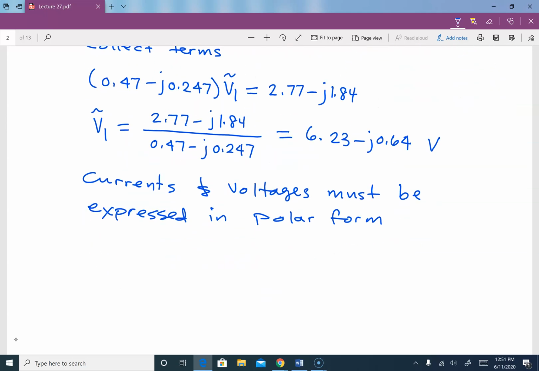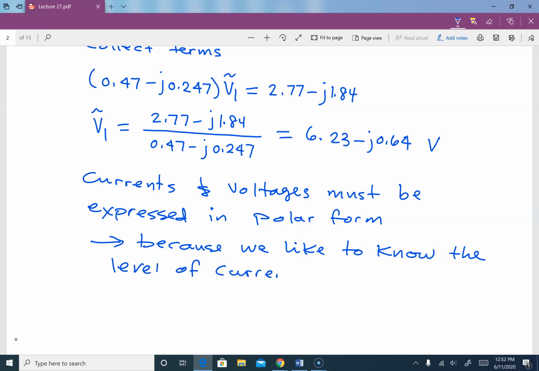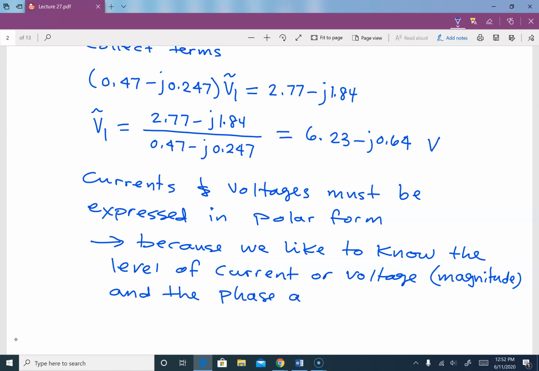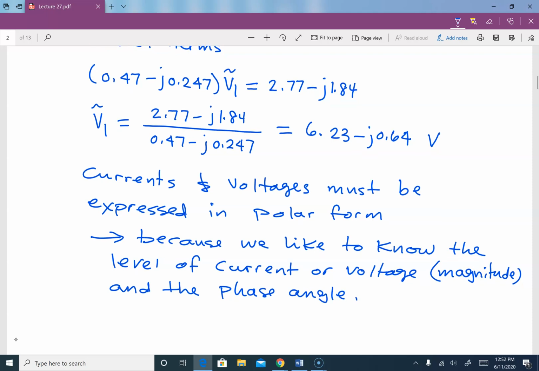The reason behind that is because we like to know the level of current or voltage, which means we need the magnitude, and the phase angle. That's why it has to be in polar form.